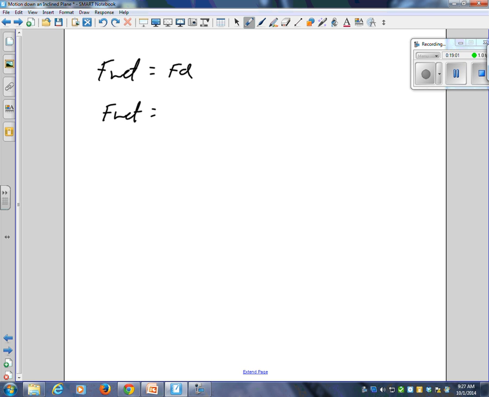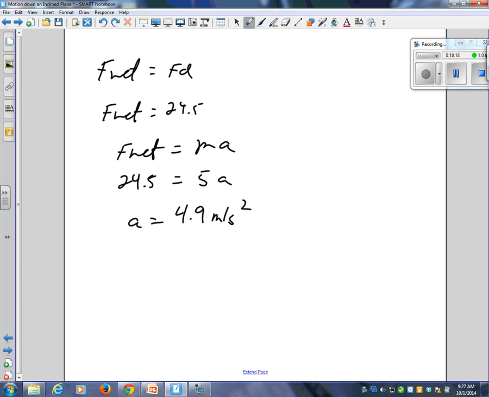So F net is equal to ma. 24.5 is equal to the mass times the acceleration, and the acceleration of the object down the plane is 4.9 meters per second squared. I went a little fast there and a little messy.